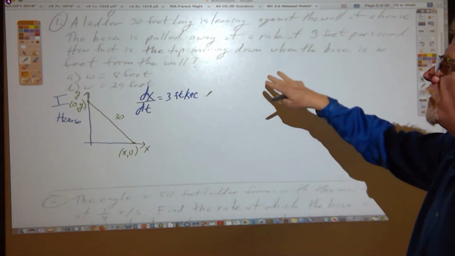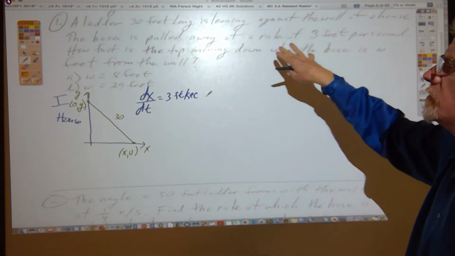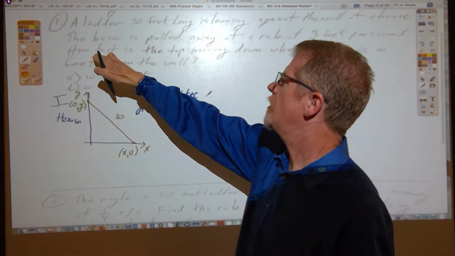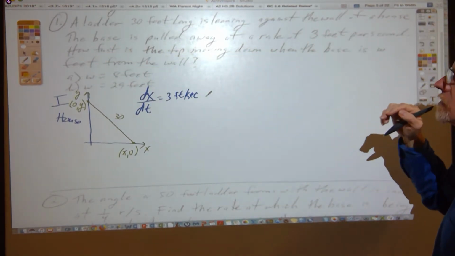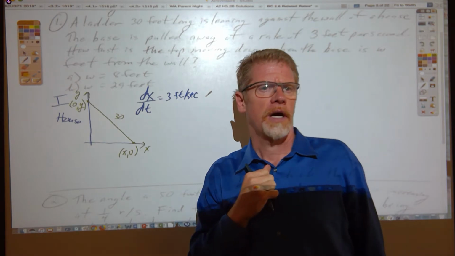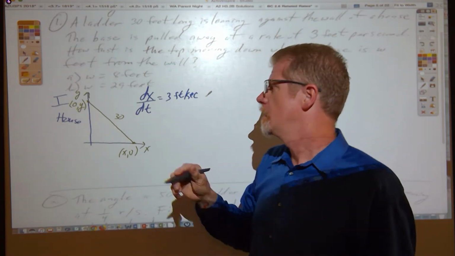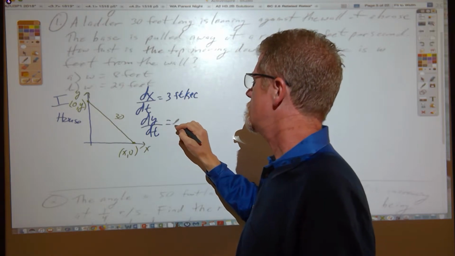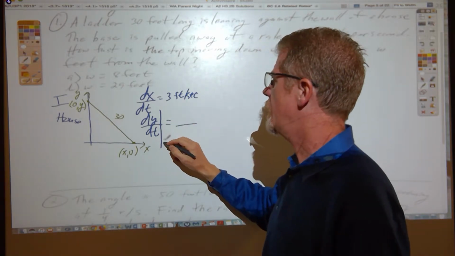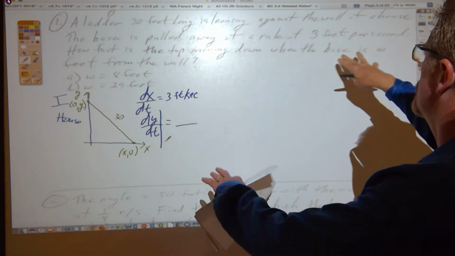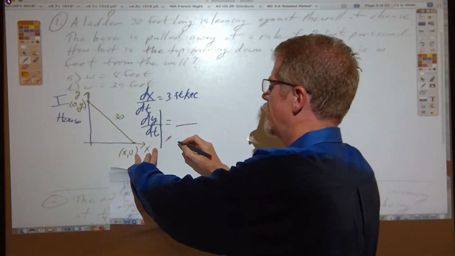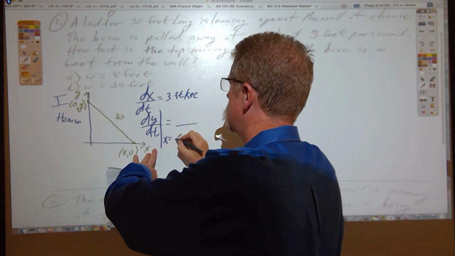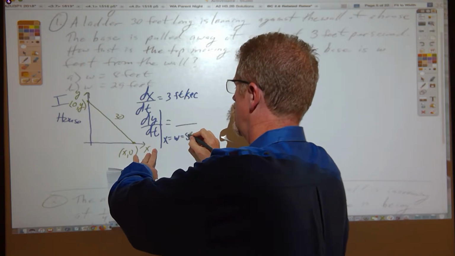And so how can I represent this phrase: how fast is the top moving down? I need a mathematical symbol for that. So that's a change in y with respect to t. dy/dt is unknown. I want to evaluate that when x is w, and when w is 8.